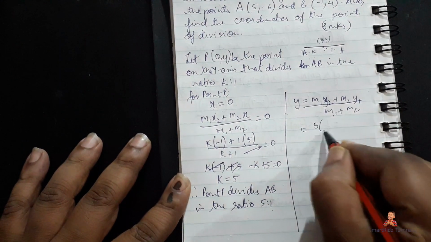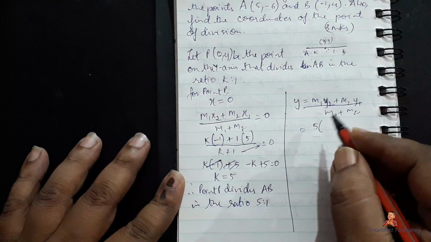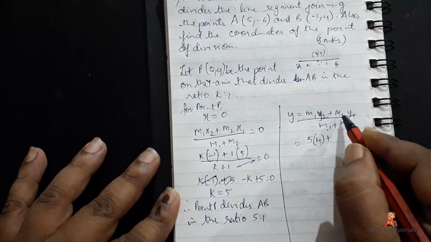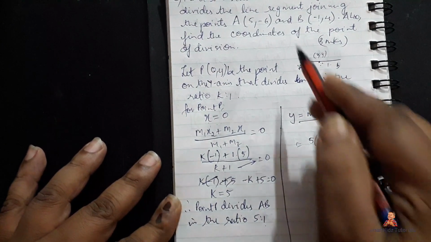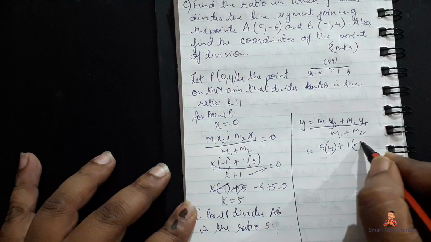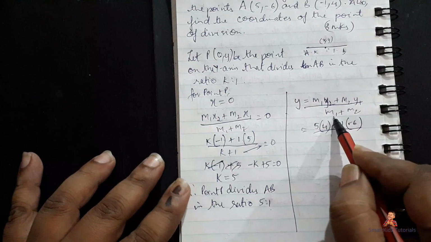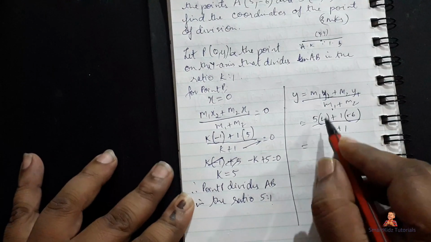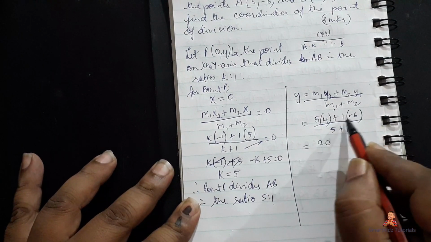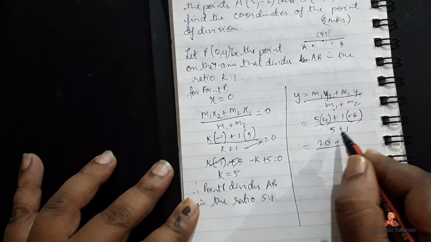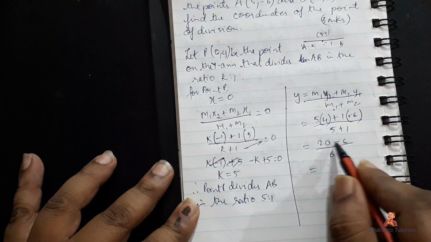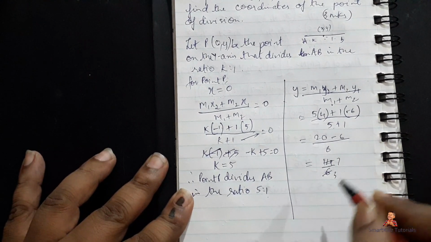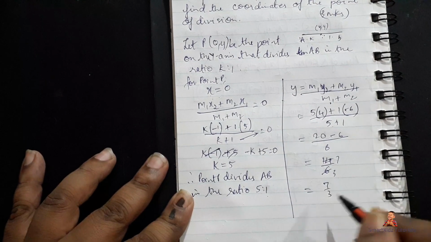So that would be 5 into y2, which is 4, plus m2, which is 1, into y1, which is -6, whole thing upon m1, which is 5, plus m2, which is 1. So 5 into 4 is 20, 1 into -6 gives us -6, whole thing upon 5 plus 1, which is 6. That gives us 20 minus 6 is 14 upon 6. 2 3s are 6, 2 7s are 14. We get 7 upon 3.